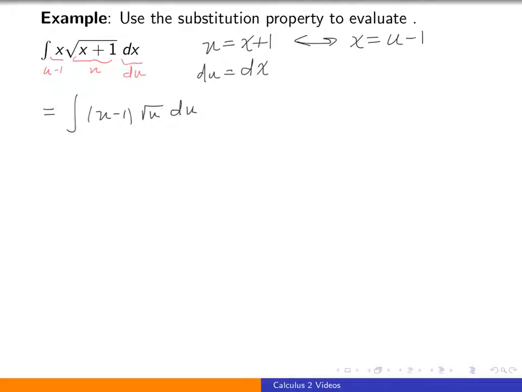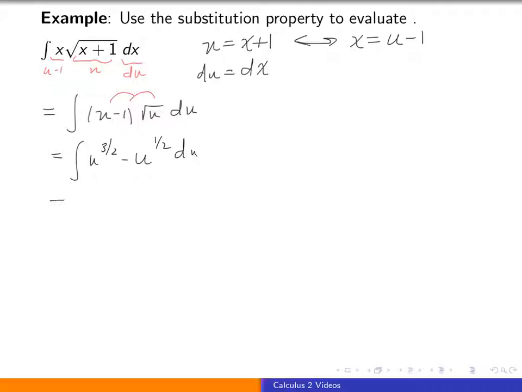So we go from all x to all u. So that substitution does not solve the integral, but what it does is gives us an easier to evaluate integral. So let's evaluate. So remember, square root u is u to the 1/2, and we can distribute that through. So this will be the indefinite integral of u to the 3/2 minus u to the 1/2.